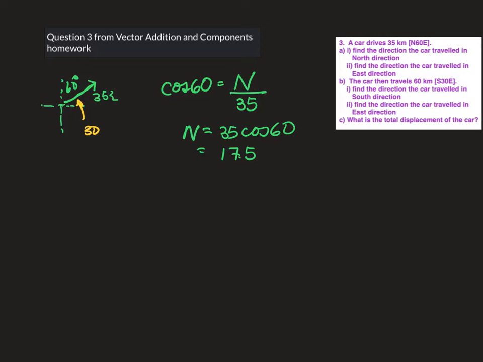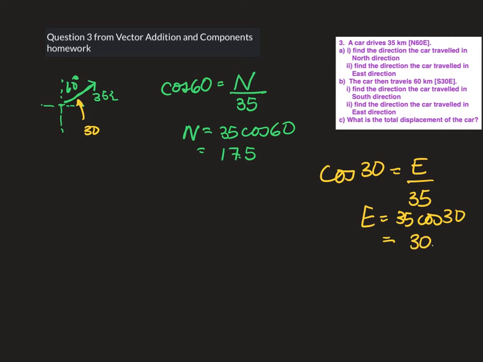And now I can do cos 30 equals, and we're going to use E for east, over 35. Move that around, and I will get 35 cos 30 equaling 30.3.